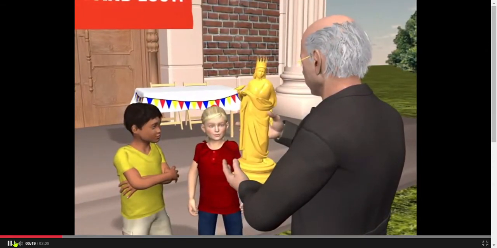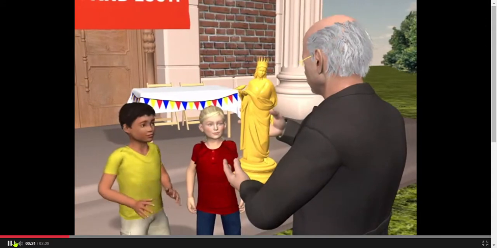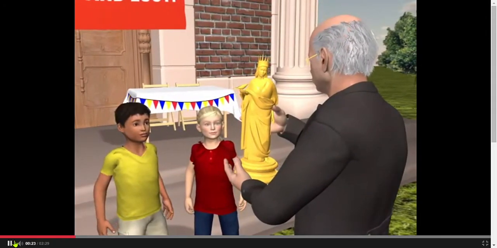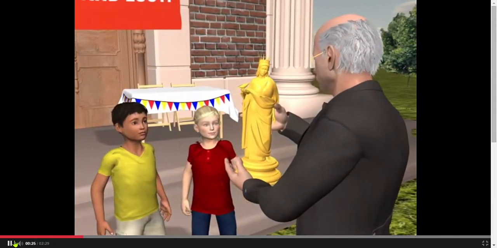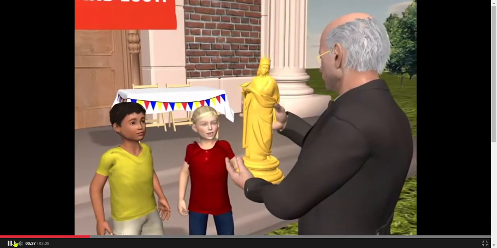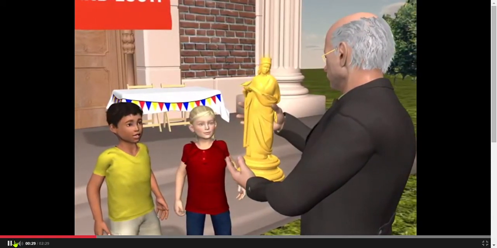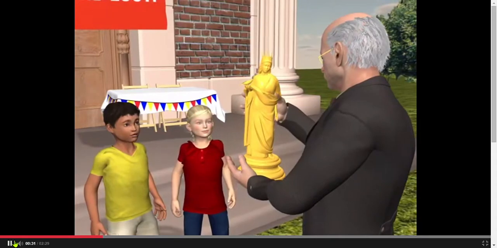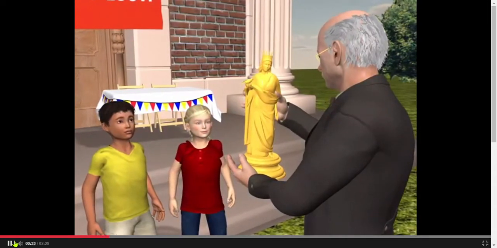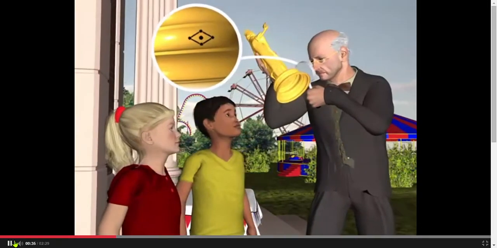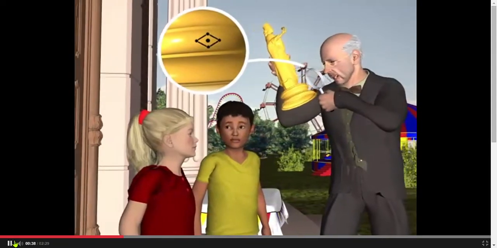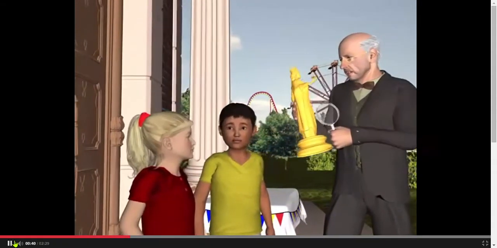It really is a beautiful statue. It's very, very old. We had an amazing adventure to find it. It was exciting and quite dangerous too. This symbol here. I knew this.